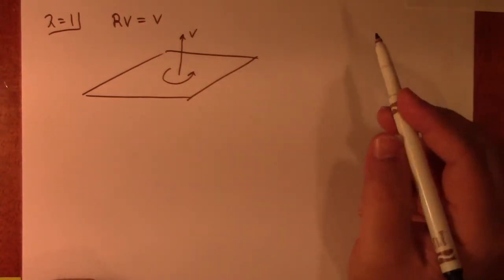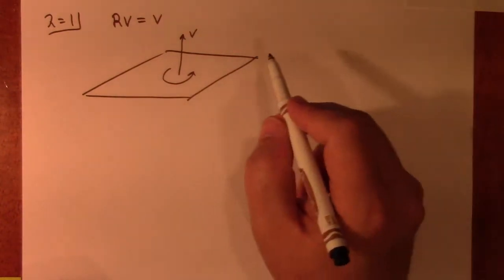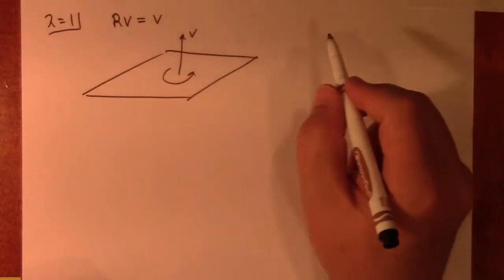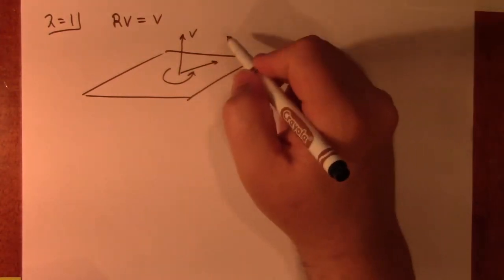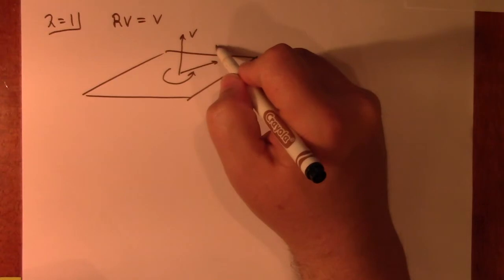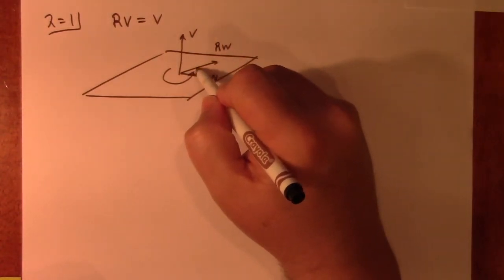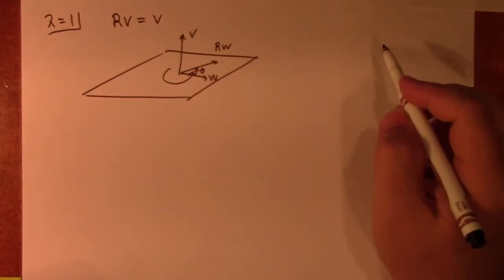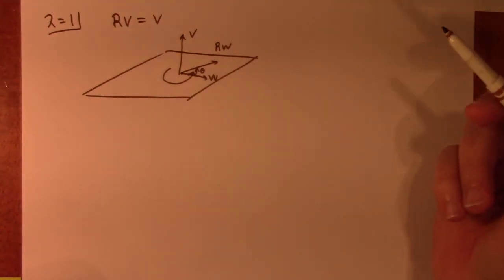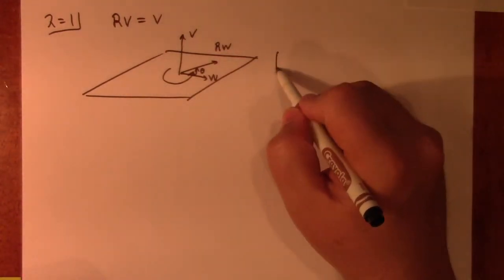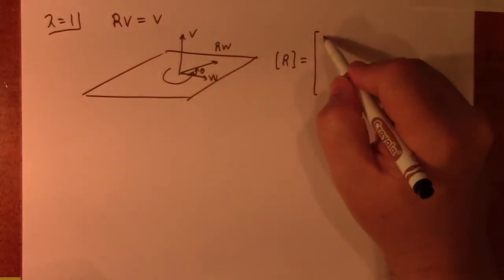It follows that there exists a coordinate system where you can look at it like this: for an arbitrary W, this is RW, and here's W, a rotation by angle theta. If I think of V as being in the Z direction, the matrix for R fixes Z and rotates X and Y in the usual way. It looks like this.